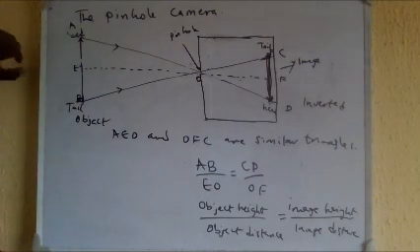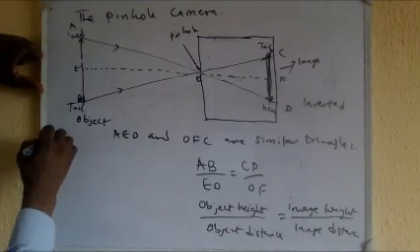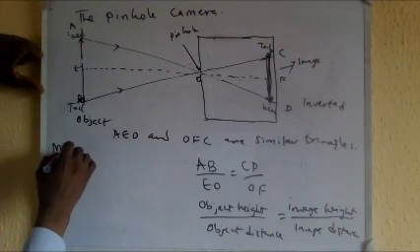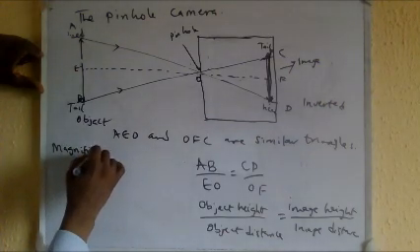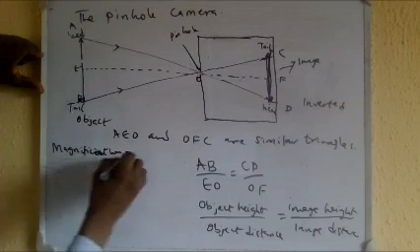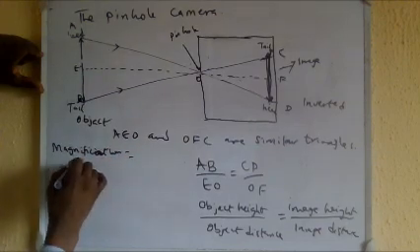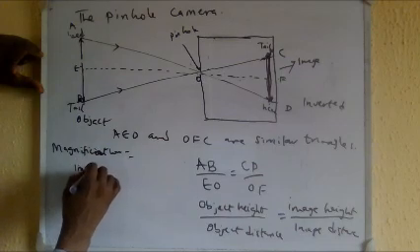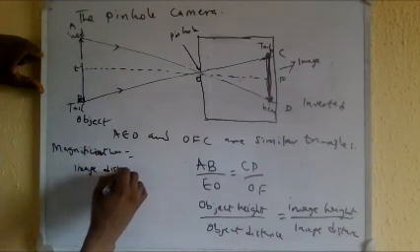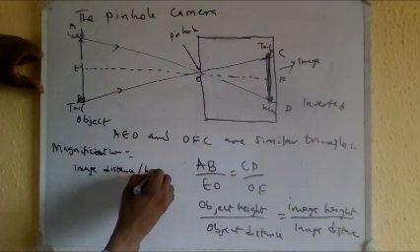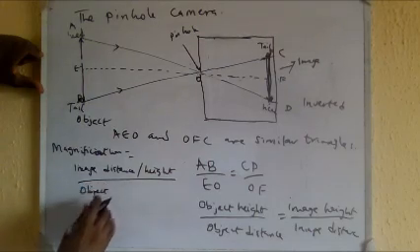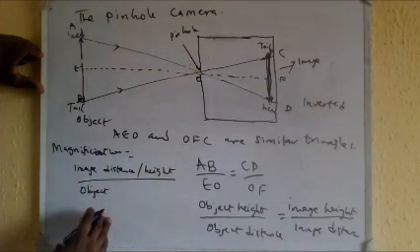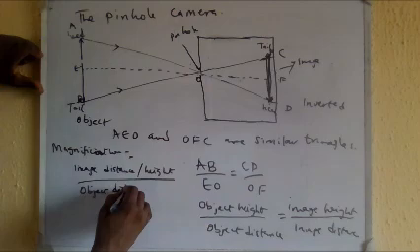So I can come here and say M, magnification, is equal to image distance slash height over object distance slash height.